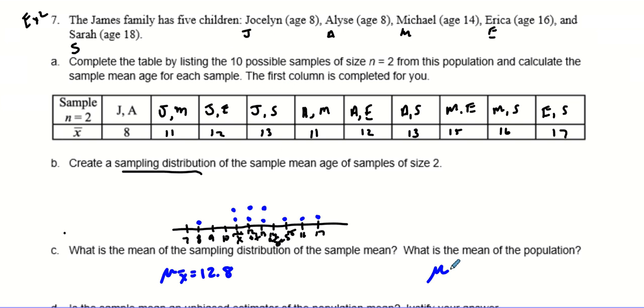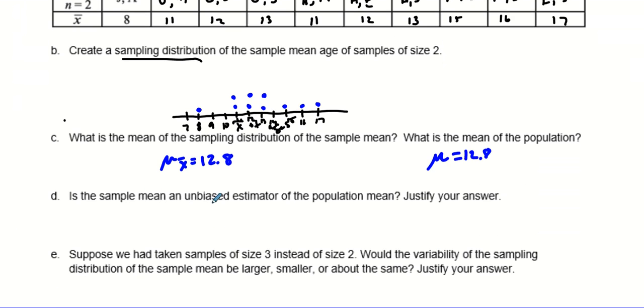We have 12.8 as well. Oh, wow, that's crazy. All right, and so is the sample mean an unbiased estimator of the population mean? Now, when we talk about unbiased estimator, that means is it the same? And the answer is yes.